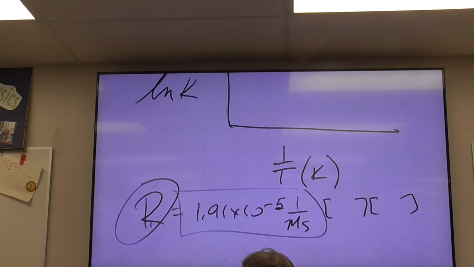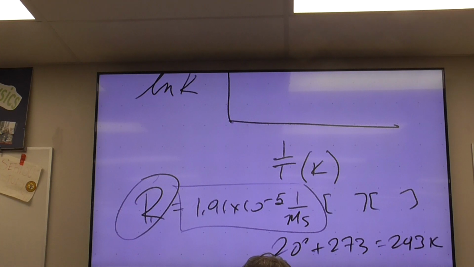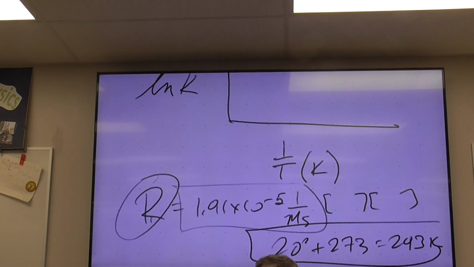You have that value. You're going to know what the temperature is in Celsius. Let's say that was 20 degrees. Then you're going to add 273 to it, and you're going to have 293 Kelvin. So you already have one data set.